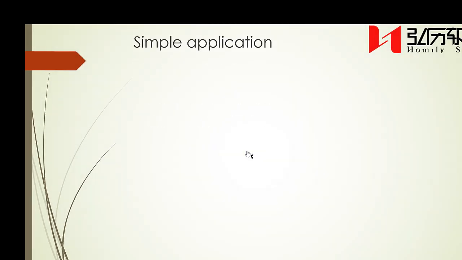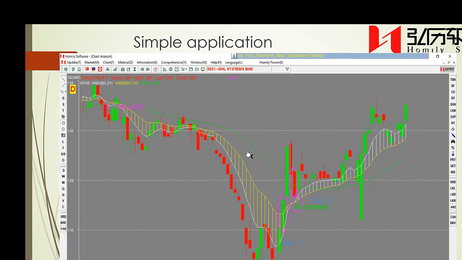We can see from the picture. Learn from the picture. Here we can see when the price crosses upward through the white line and yellow line, both break out. So this is the first buy point, right? Do you remember?